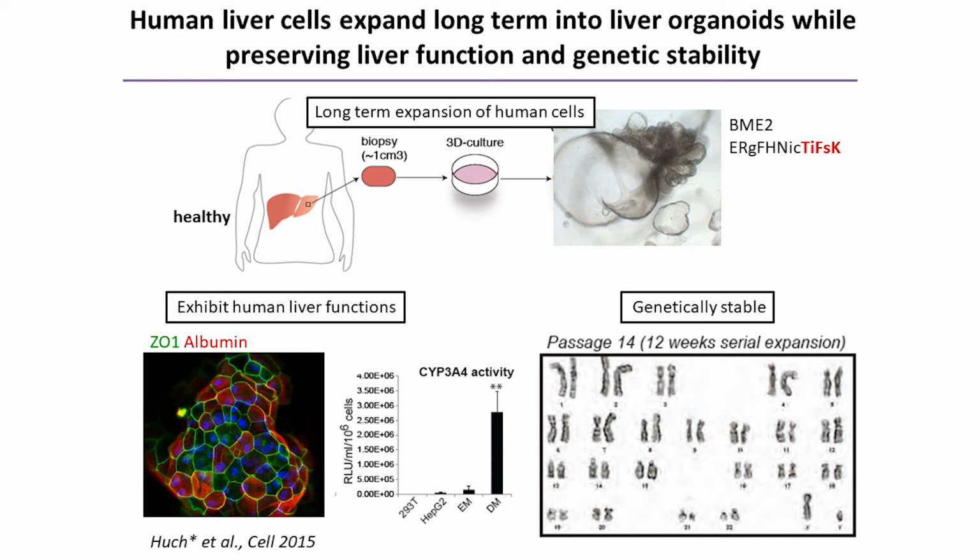They retain the capacity to go from this progenitor state into a differentiated state where they start acquiring a lot of hepatic markers, and they are also capable of functional activity.